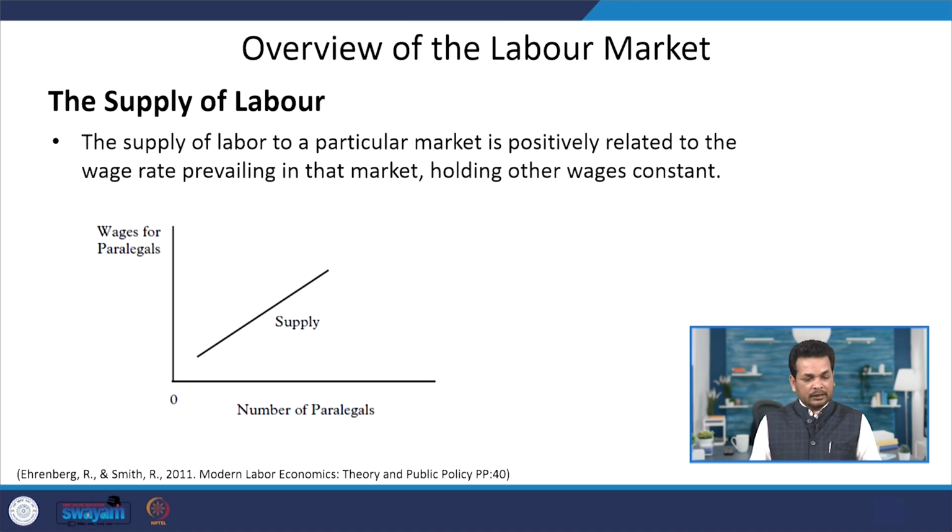So, you can see as the wages for the paralegals increase, the number of paralegals entering the labor market increases. So, the labor supply function has a positive relationship between the number of workers and the wage rate.